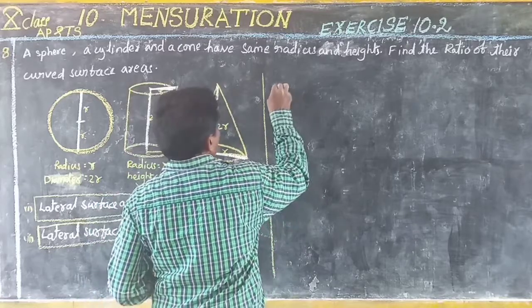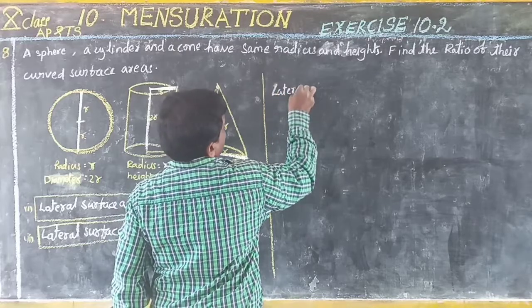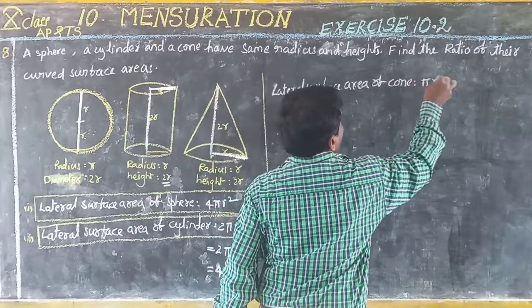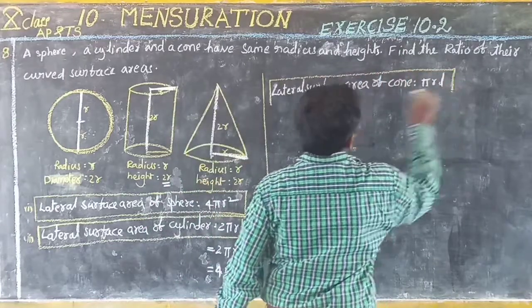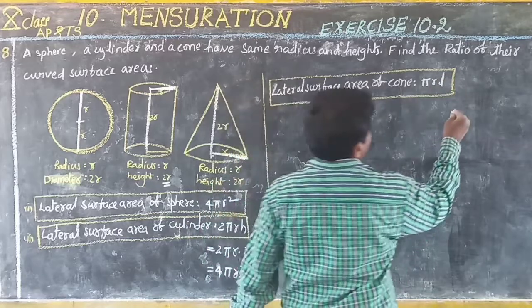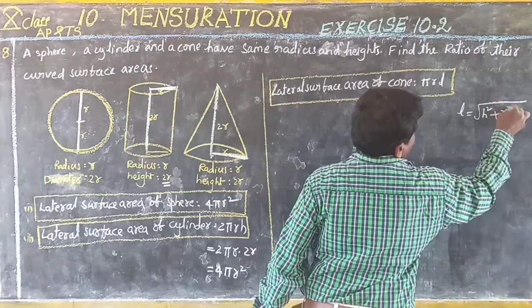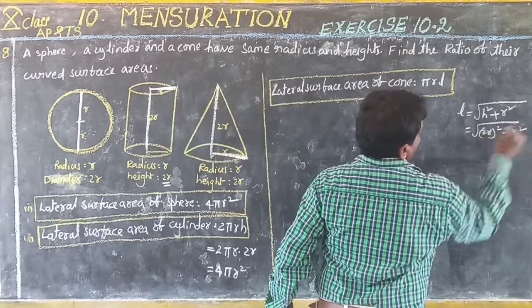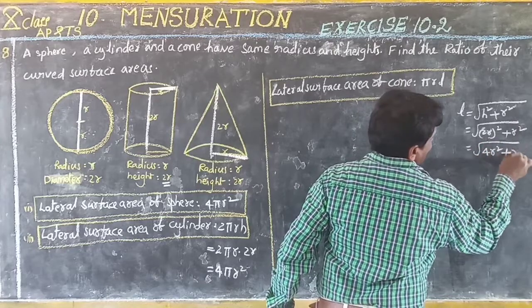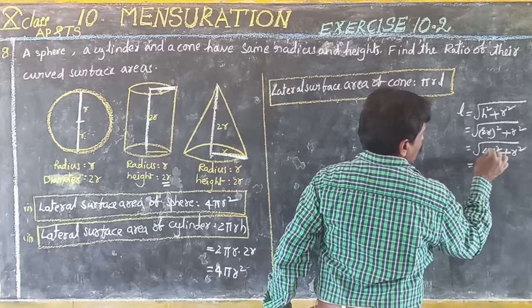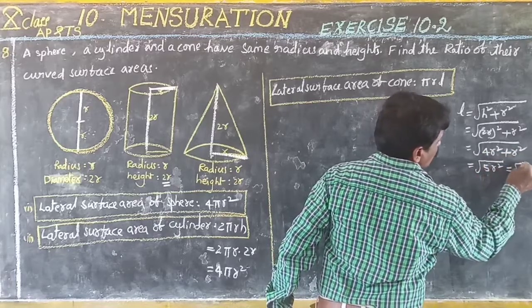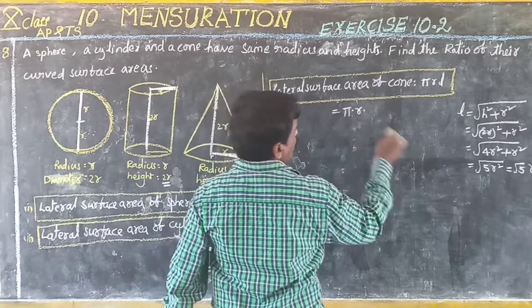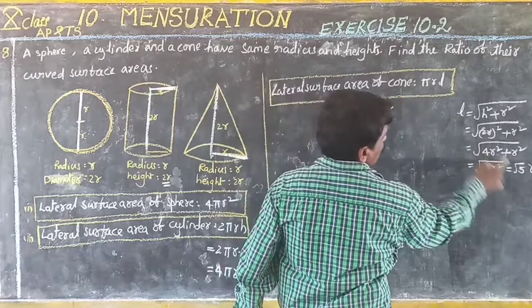Cone. Lateral surface area of the cone is pi r l. So l is equal to root of h square plus r square. h means 2r, so 2r square plus r square, 4r square plus r square, so root of 5r square, which is root 5 r. So l is equal to root 5 r.